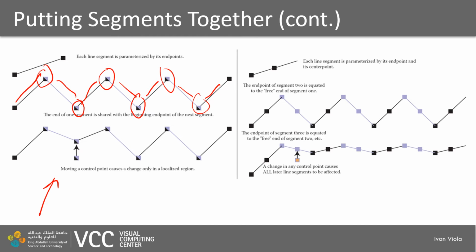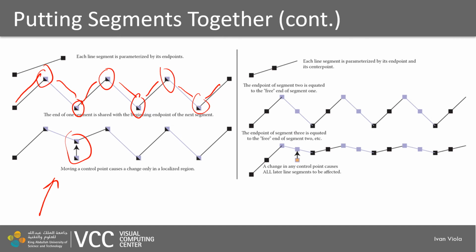And if we change one of these endpoints, the other endpoints stay as they were defined. They are not changing. So the change of one endpoint doesn't really affect the other endpoints and doesn't affect many curves, just a few curves which are in the neighborhood of the affected or edited point.